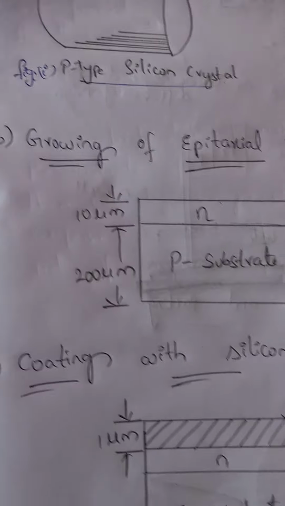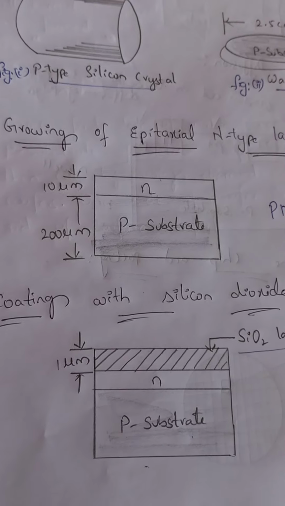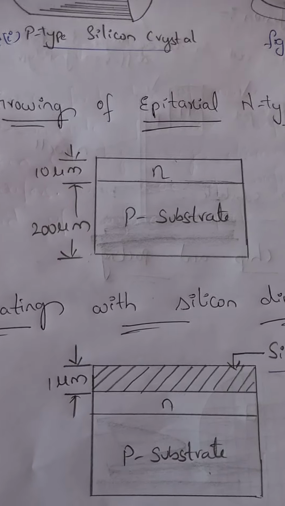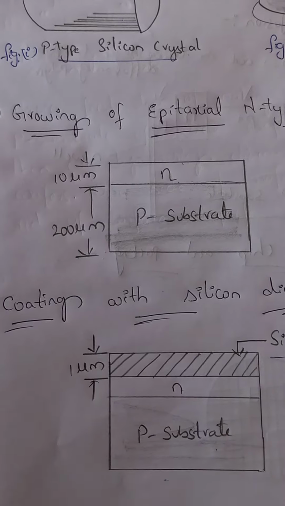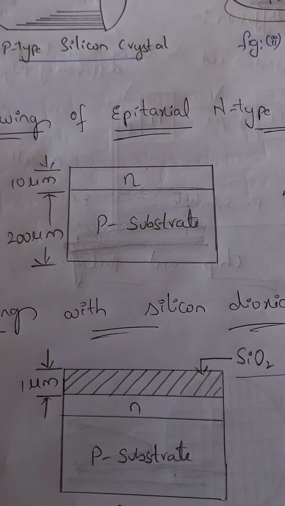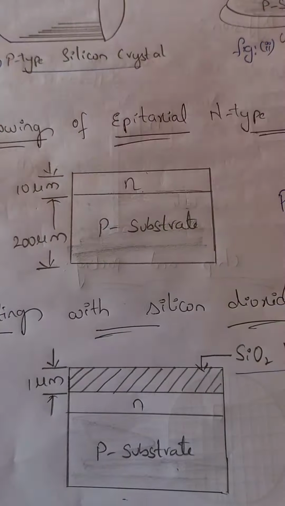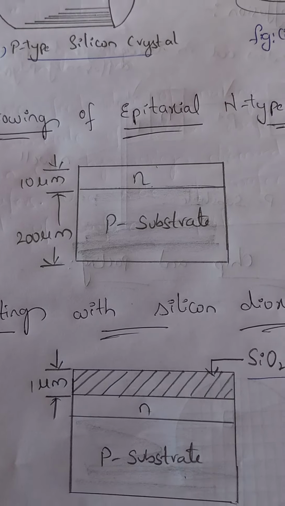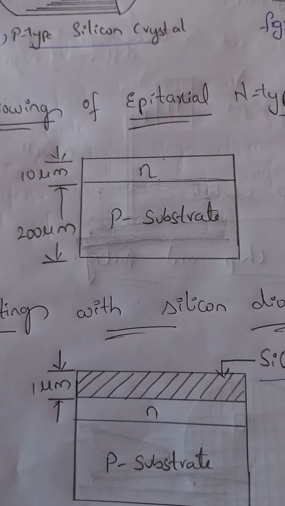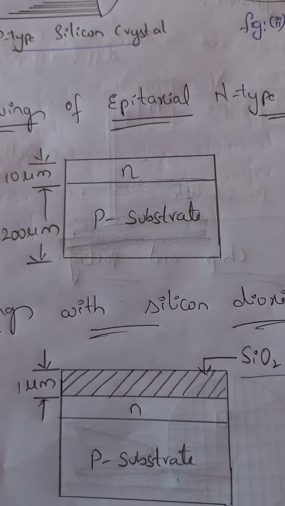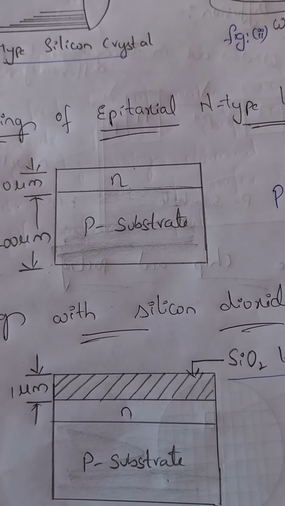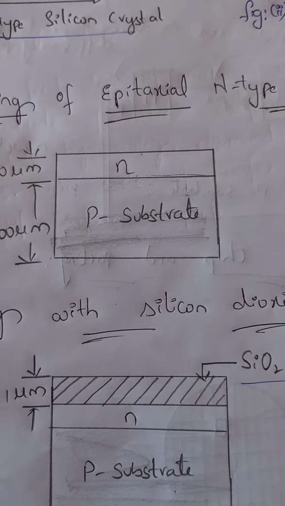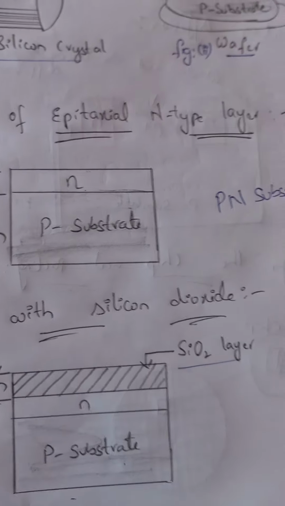Coming to the third step, the coating with silicon dioxide. In the first two steps we formed the P and N. Now in the third step, in order to prevent contamination, which means poisoning or polluting, we grow a silicon dioxide layer on this PN substrate.